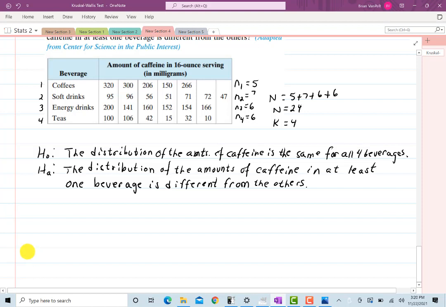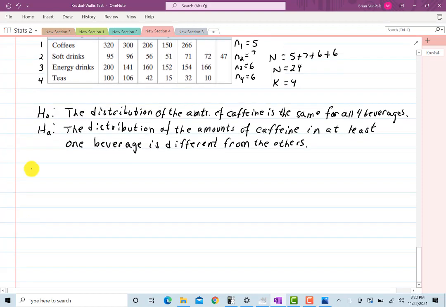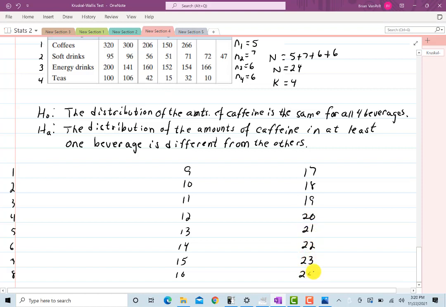So I'm going to try to go by 8. 1, 2, 3, 4, 5, 6, 7, 8, 9, 10, 11, 12, 13, 14, 15, 16, 17, 18, 19, 20, 21, 22, 23, and 24.